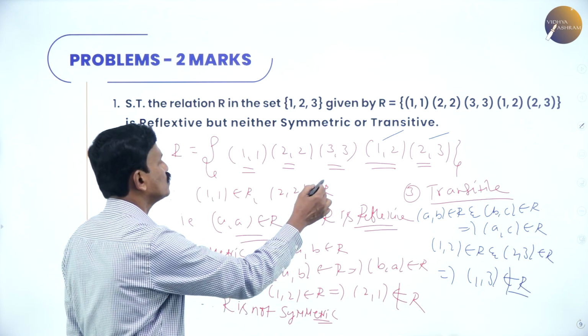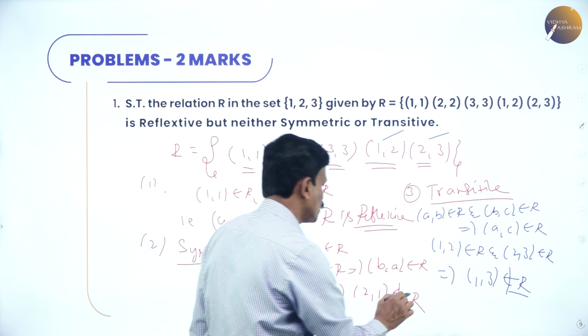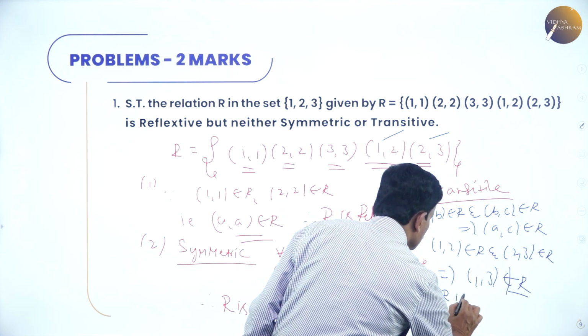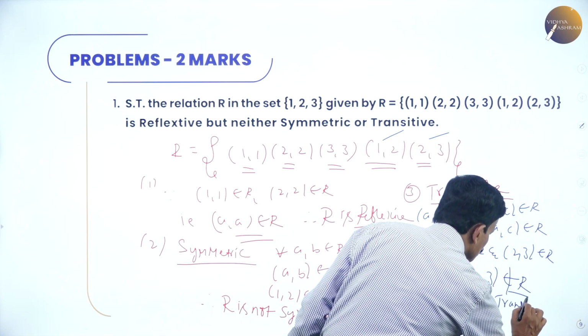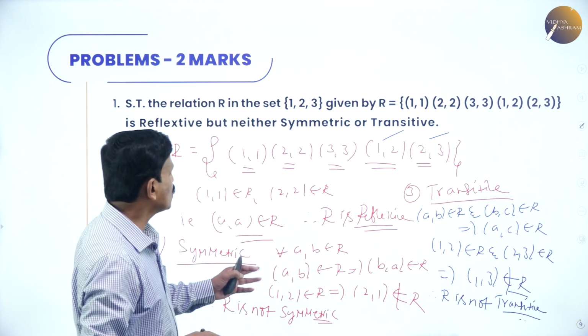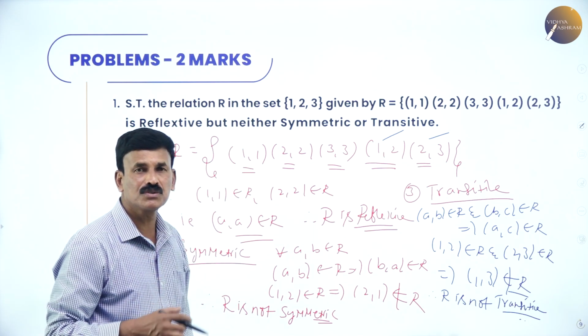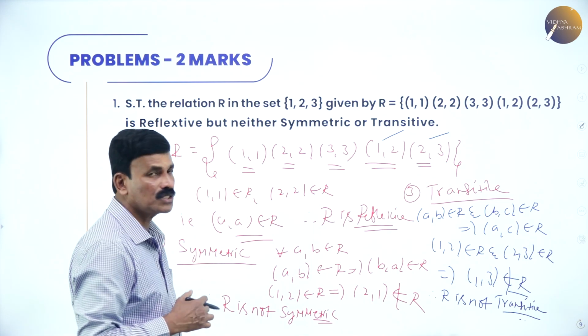Therefore, R is not transitive. So the given relation is only reflexive, neither symmetric nor transitive. So if you do this much, you will get 2 marks.